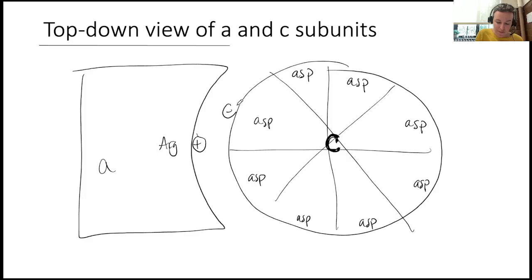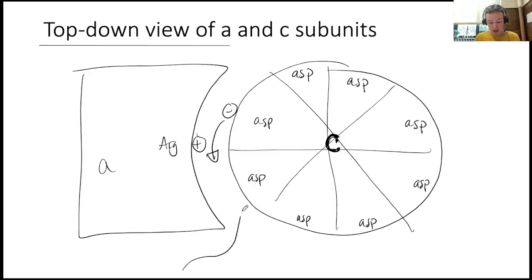And that aspartate is negatively charged. Coulomb's law tells us that there should be an attractive force between the negatively charged aspartate and the positively charged arginine, which causes the aspartate to rotate towards the arginine.